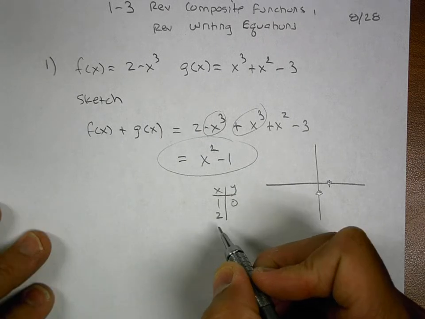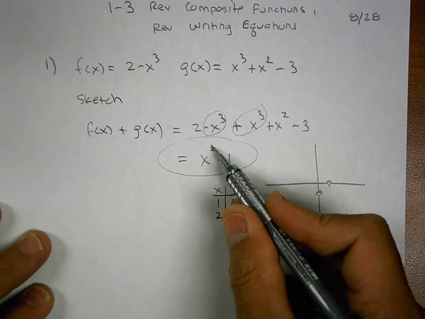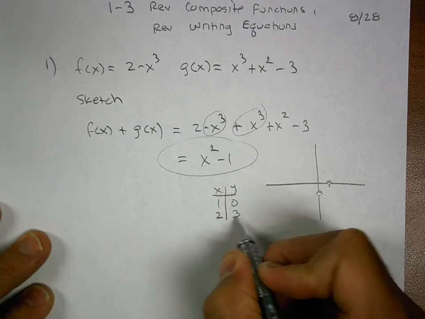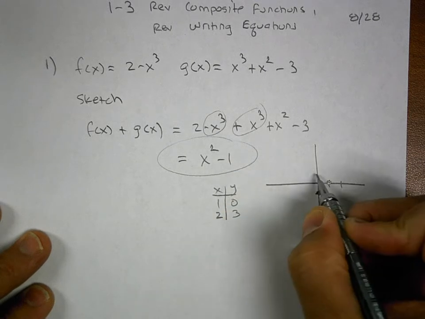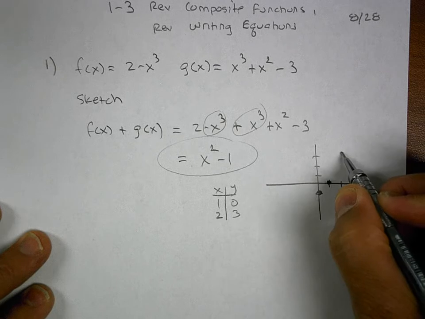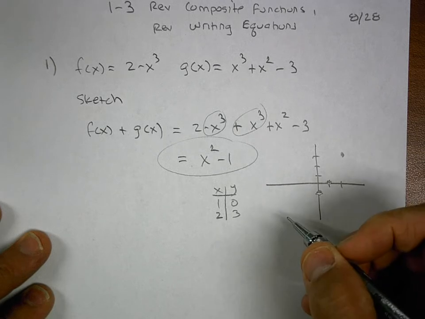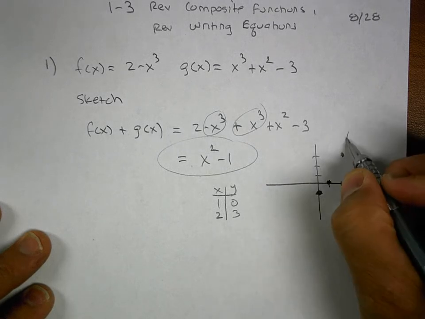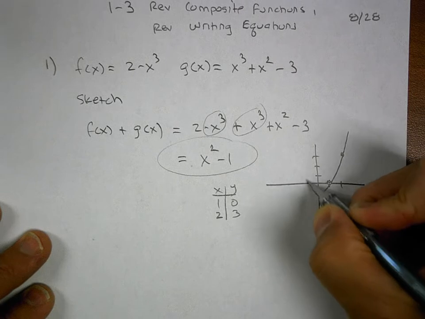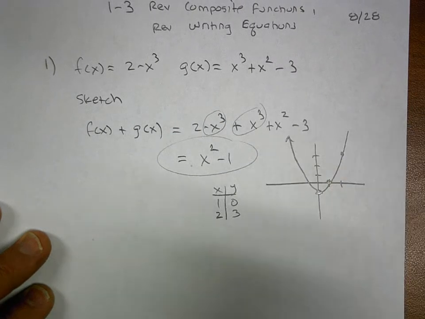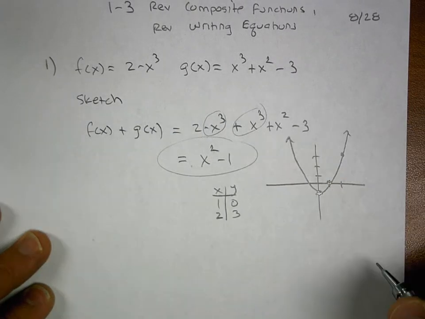Let's pick 2. 2 squared is 4, minus 1 is 3. So 2 comma 3. Get a little bit better idea what the shape is. We can pick some negative numbers as well, but here's our parabola, symmetrical on the other side. Yes, Jen? Okay, and there we go.